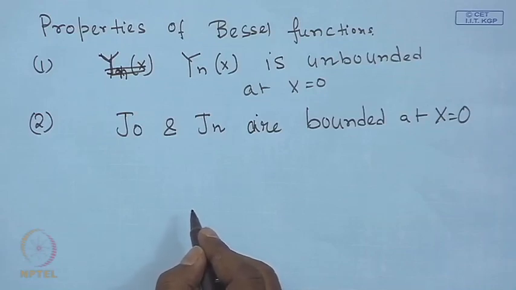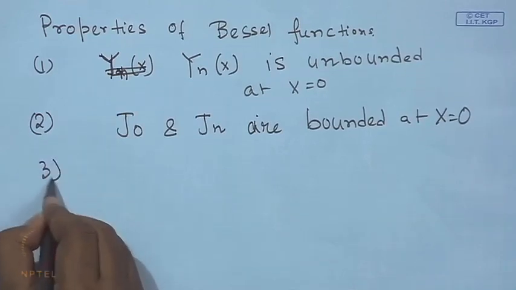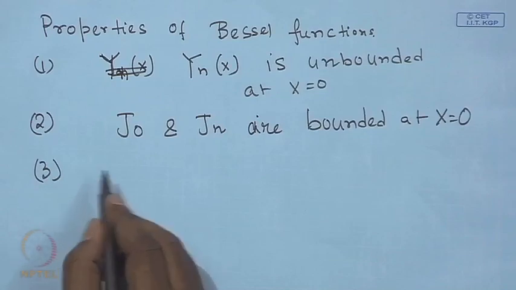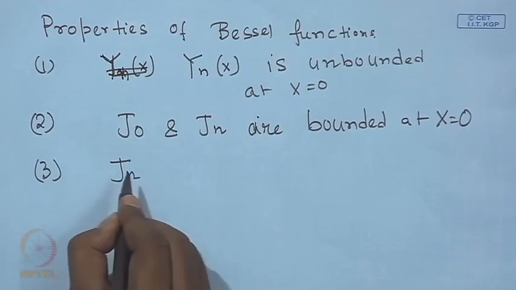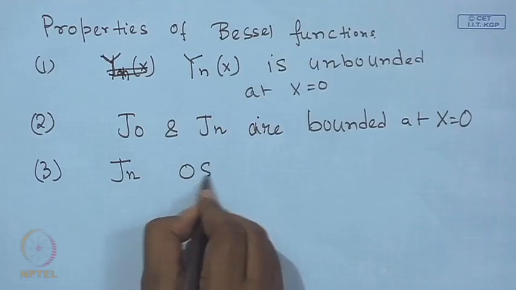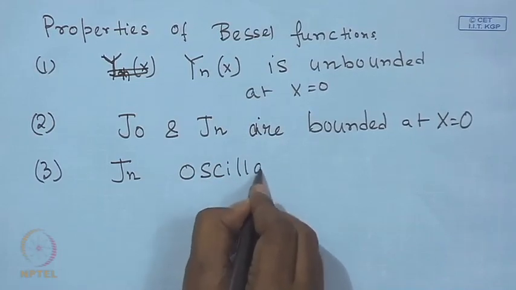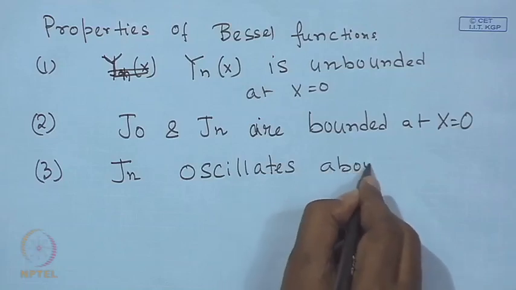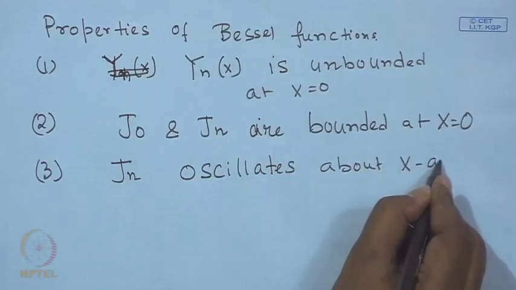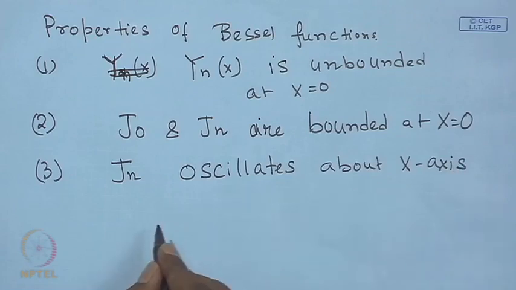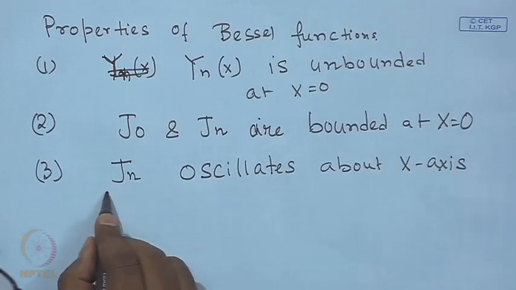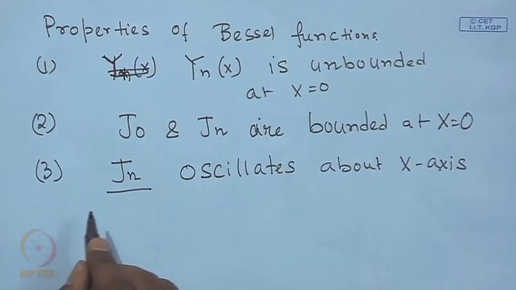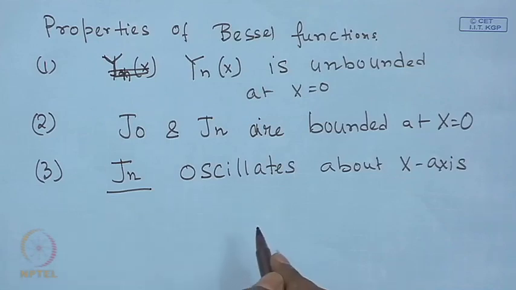That is quite important. The third one is that j n oscillates about x axis. This is a very important property, like the trigonometric functions sine function and cosine function.